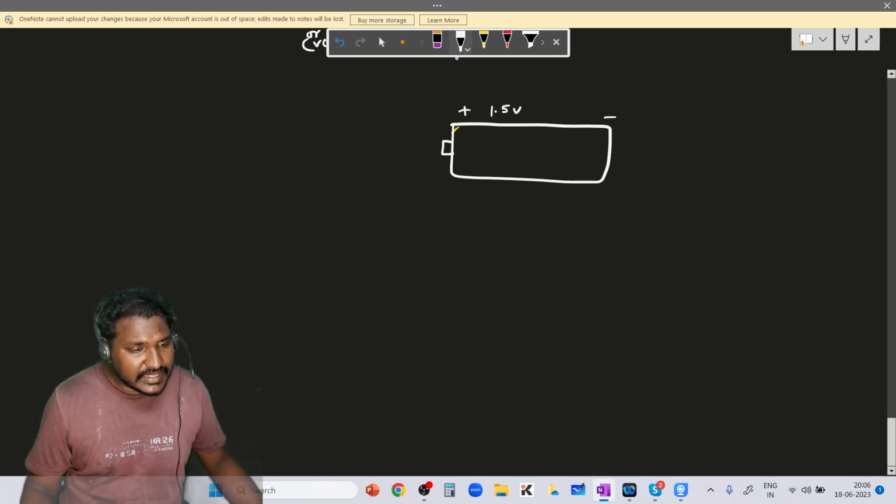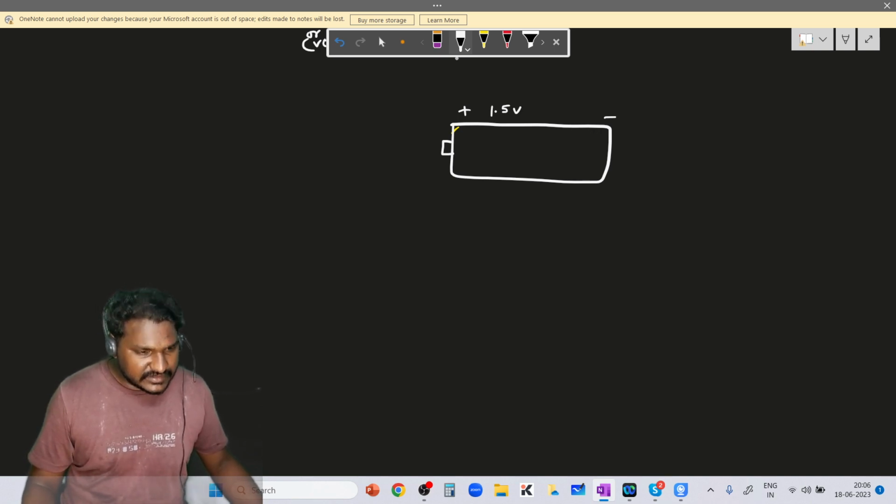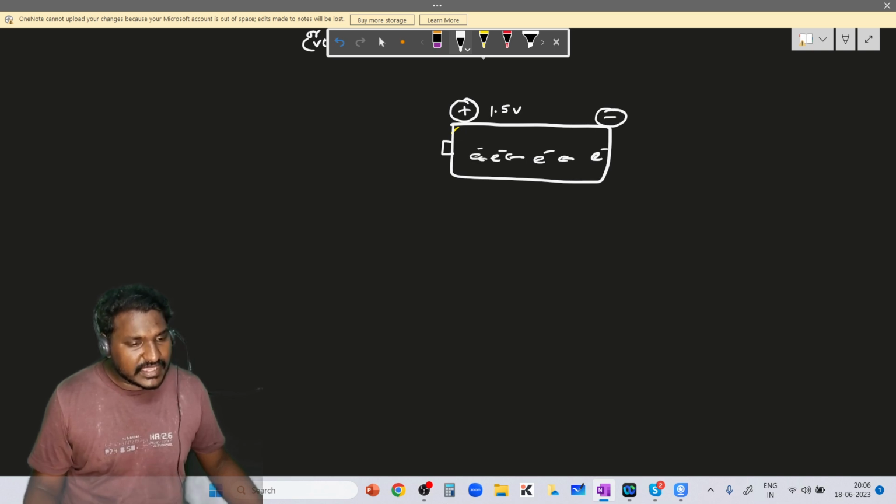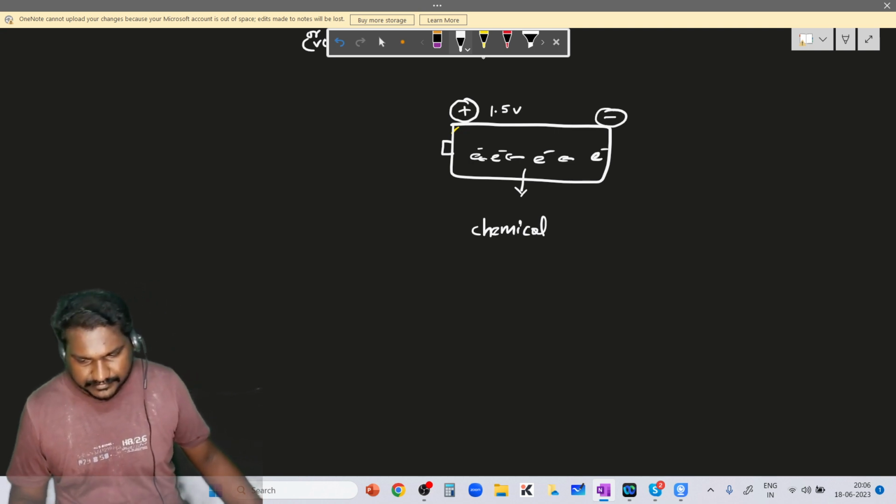Between this positive terminal and negative terminal there will be movement of electrons, and that movement of electrons is promoted by the chemical inside the battery. It may be lithium, as nowadays we are using lithium batteries, or it may be zinc, like that.